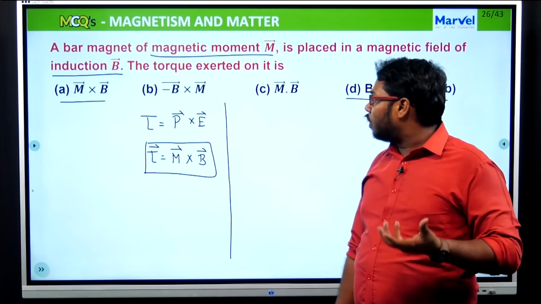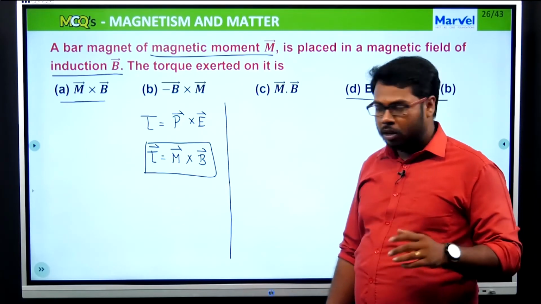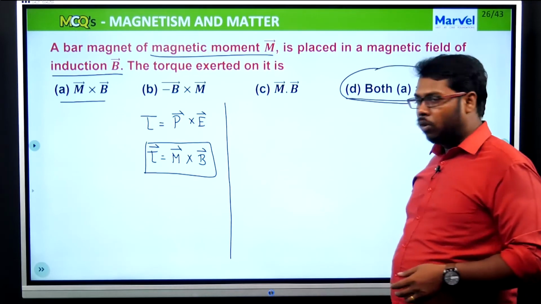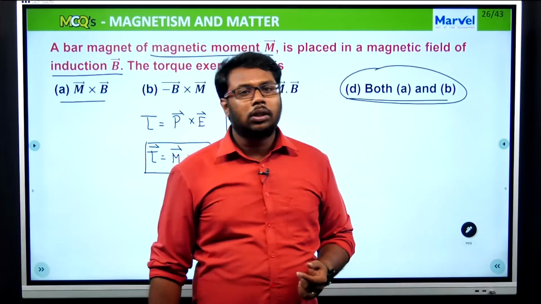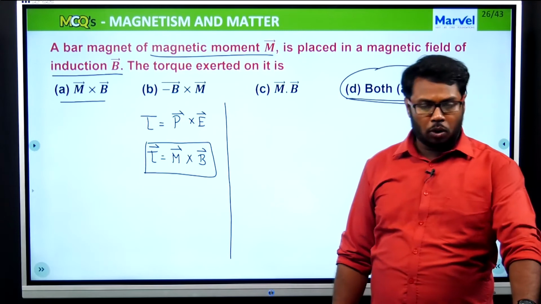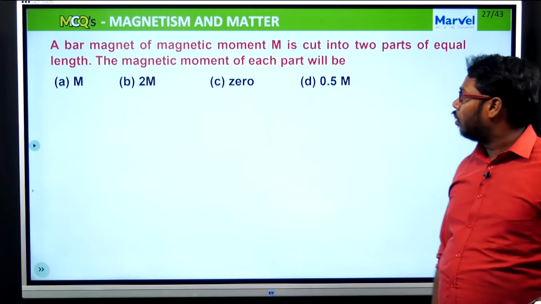So there are two correct answers in here. Both A and B are correct. So option D should be your answer, which says both A and B are correct. This is one of the very important concepts in this particular chapter. Okay, so now we move to the second one.